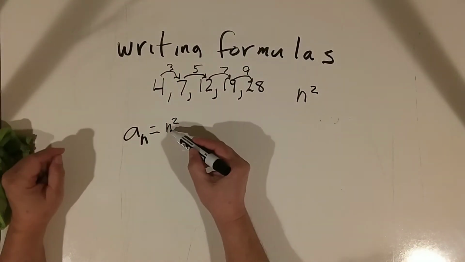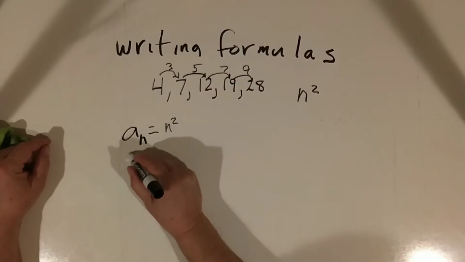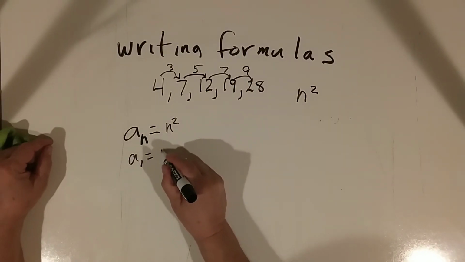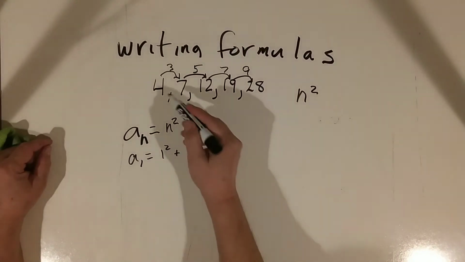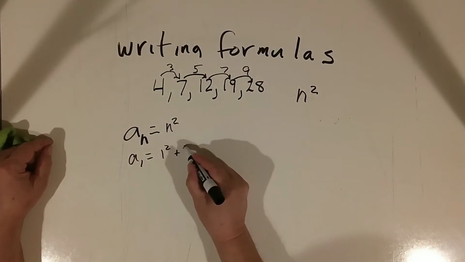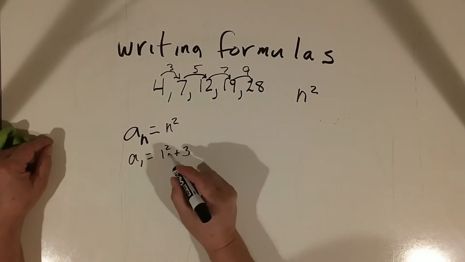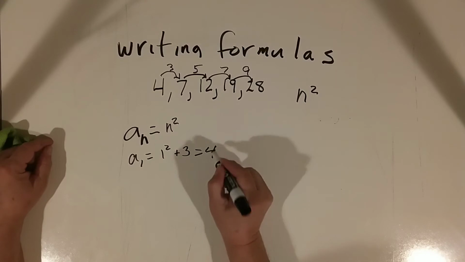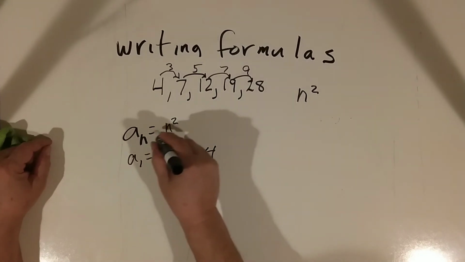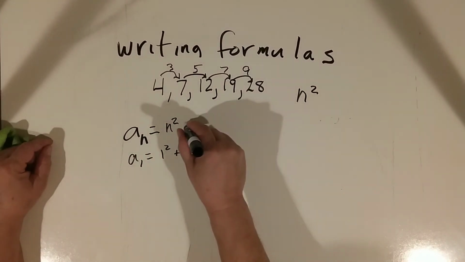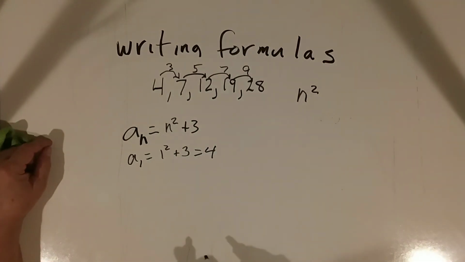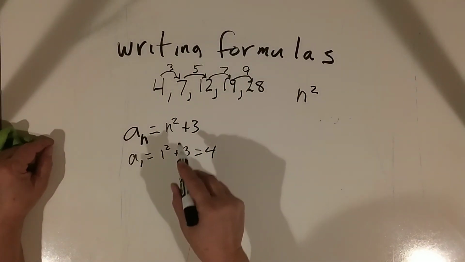Well, a sub 1 would be 1 squared plus something to give me 4. Well, that looks like 3. So I'm going to try a sub n equals n squared plus 3. Let's see if this works.